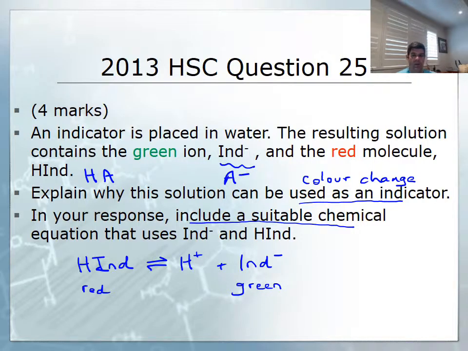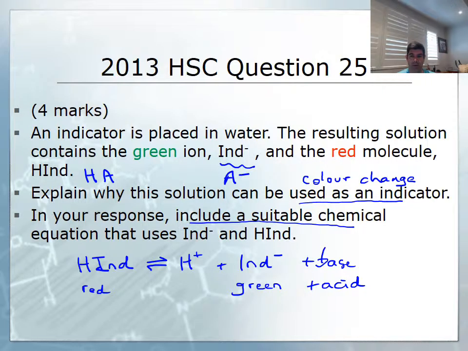So what this means is that if it's going to be an effective indicator, then we need to add either base or acid. And then you will need to explain what happens to each of these as you are identifying what you're doing.